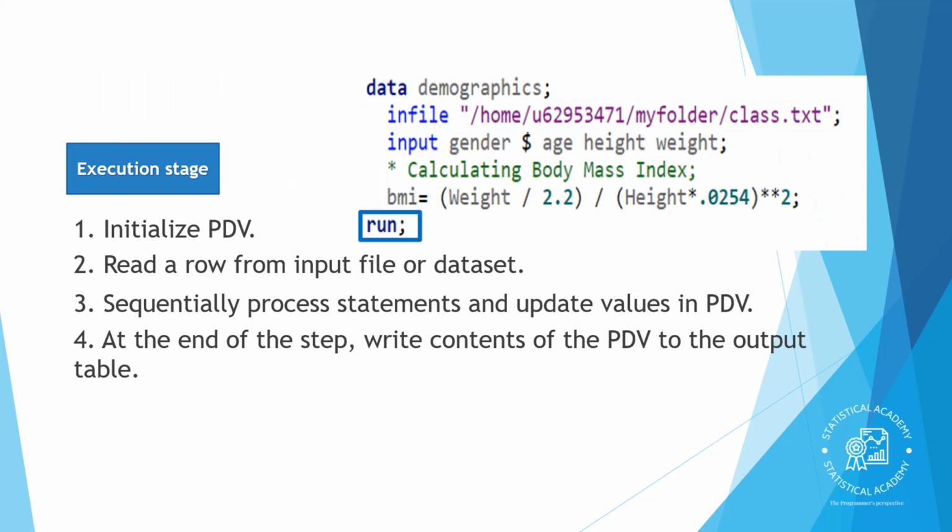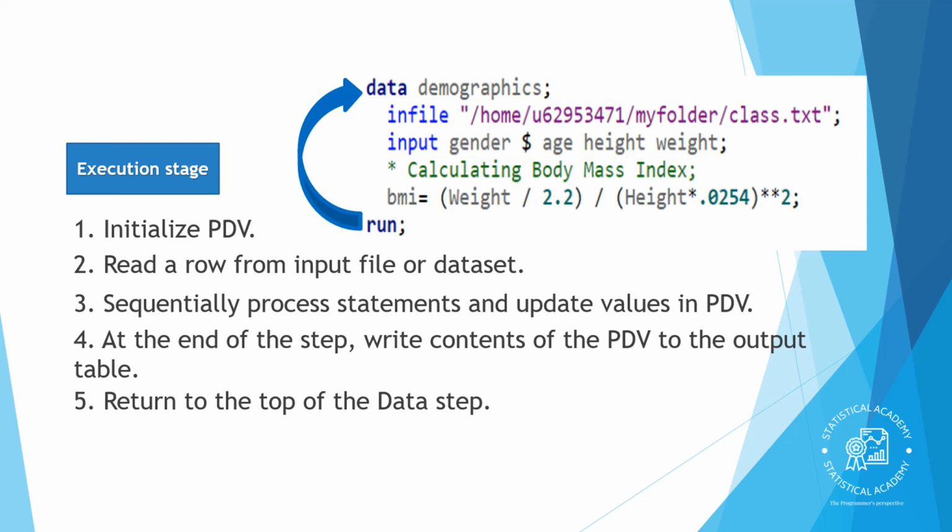When SAS reaches the run statement or the end of the data step, it automatically loops back to the top and resets the values of the computed variables in the PDV to missing and executes the statements in order again, this time reading, manipulating and outputting the next row. The implicit loop continues until all the rows are read from the input table.